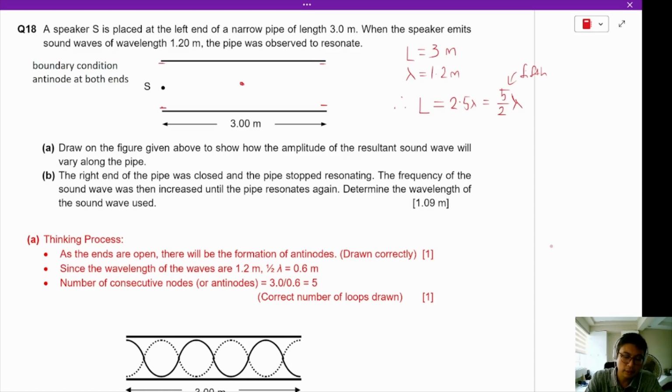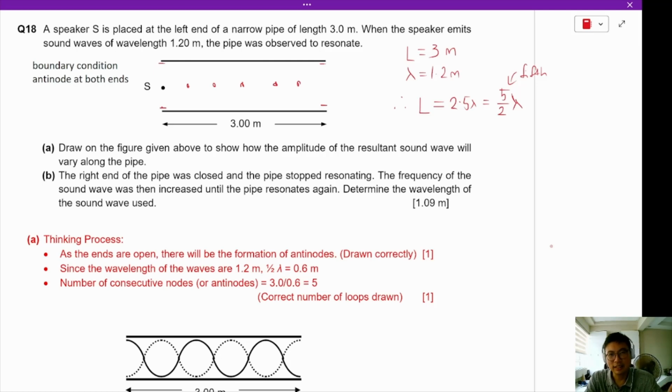Okay, so this is the second harmonic, which is 2 nodes. This is the third harmonic, which is 3 nodes. This is the fourth harmonic, 1, 2, 3, 4, and then this is the fifth harmonic, 1, 2, 3, 4, 5.